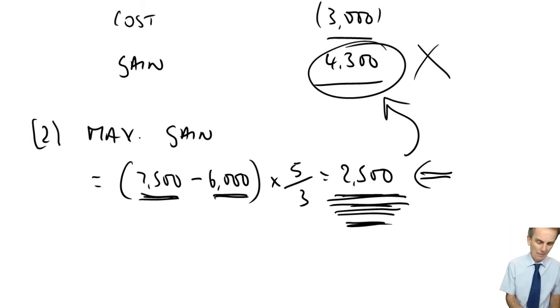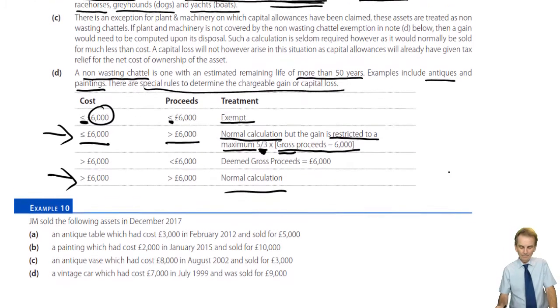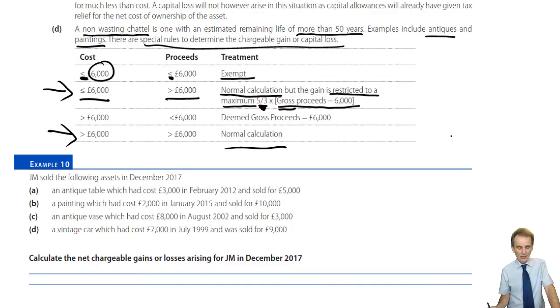Okay, back to our notes. The other way around. This time it cost more than 6,000 and we sell for less than 6,000. Hence, therefore, there is going to be a loss. Now, in the same way that where one number was less than, another number was more than 6,000, and we had a gain, we limited what the maximum gain would be, so when it's the other way around, and we're now looking at a loss, there will be a limitation of what is the allowable capital loss.